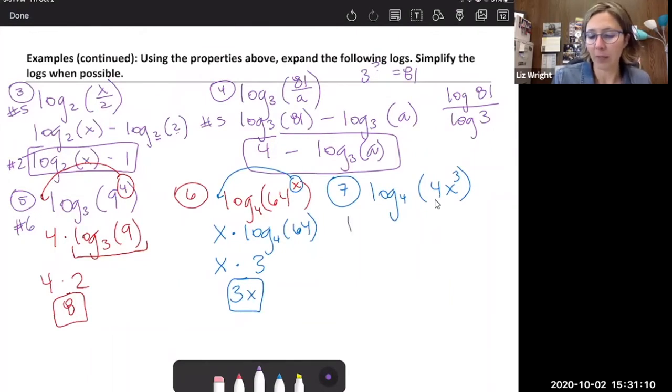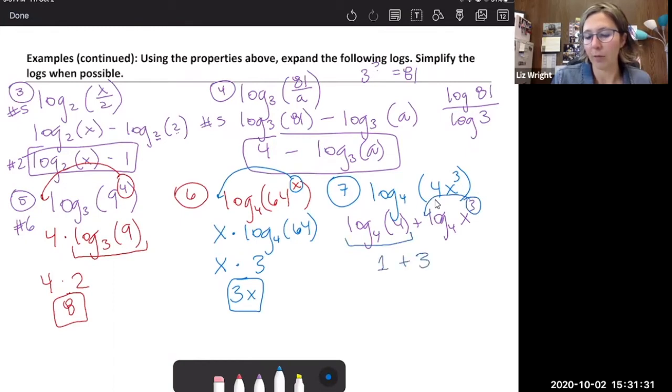So let's split it up, and we're going to say log base 4 of 4 plus log base 4 of x to the 3rd. Then we're going to take this 3 and we're going to bring it down. Log base 4 of 4, you should know what that one is by now. That's going to be 1 plus 3 log base 4 of x. And that's our answer.